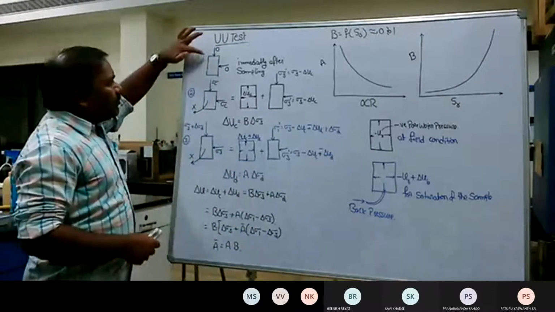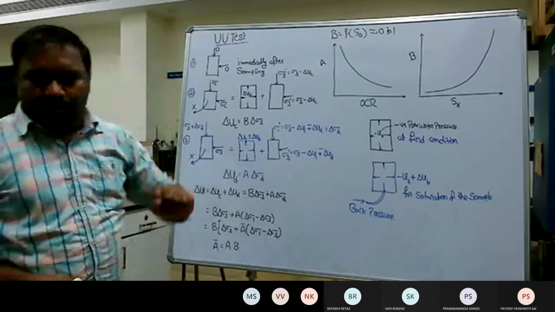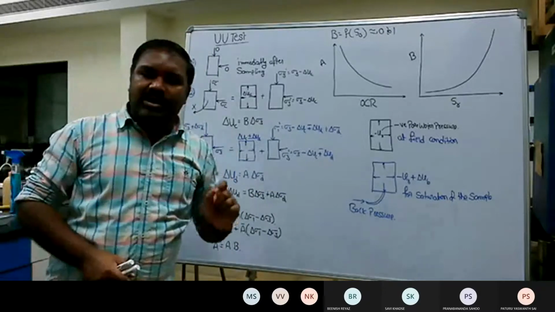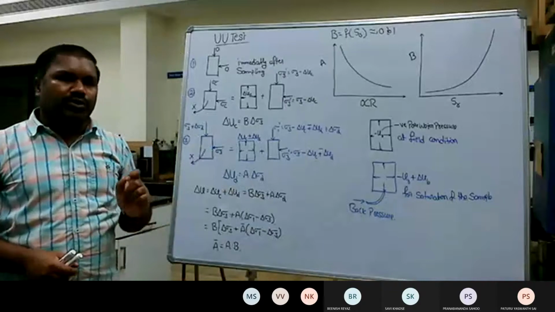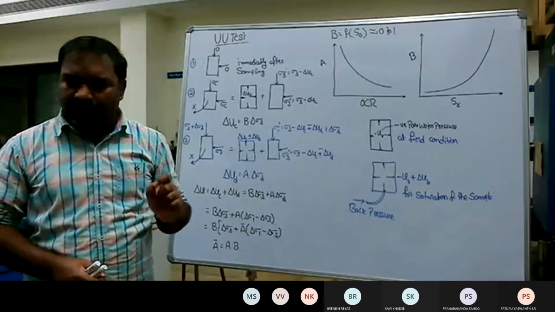Whatever it is. Now, when you talk about the triaxial soil sample below the ground, it is obvious that the sample is subjected to both axial stress as well as lateral stress.